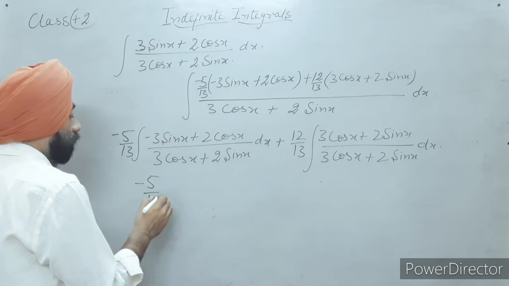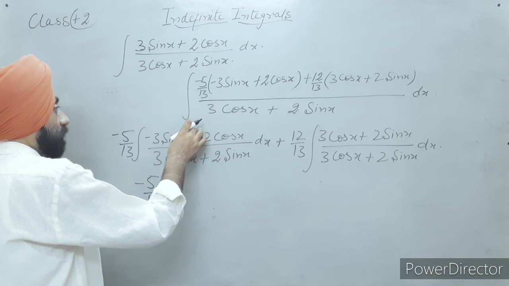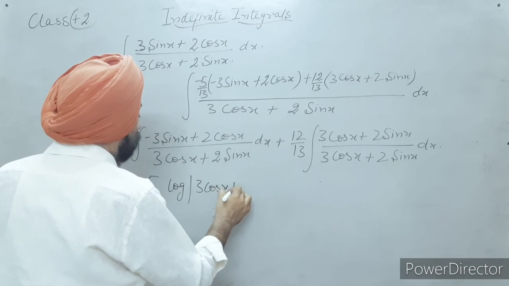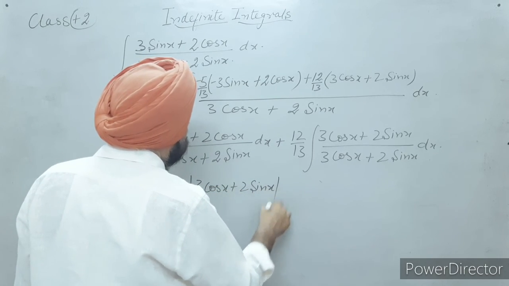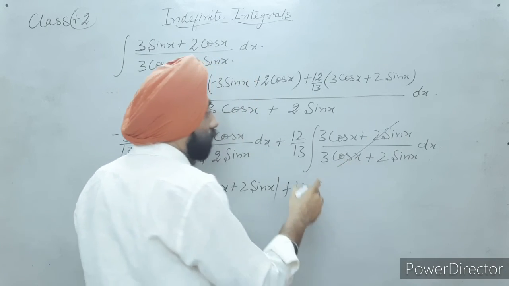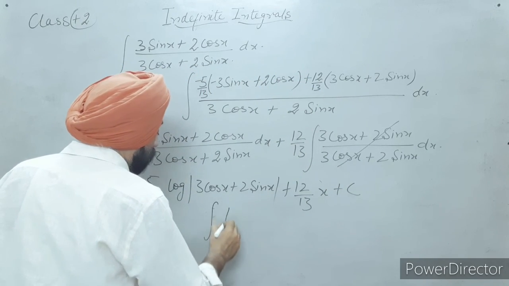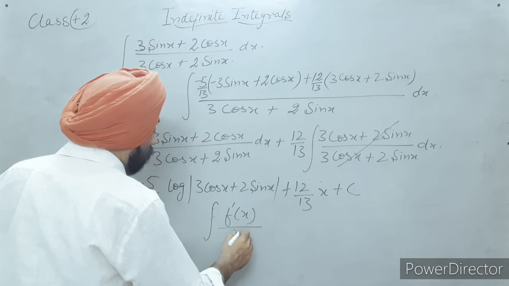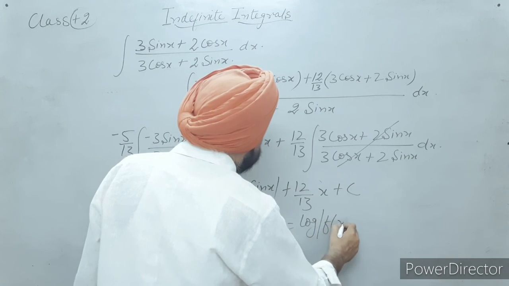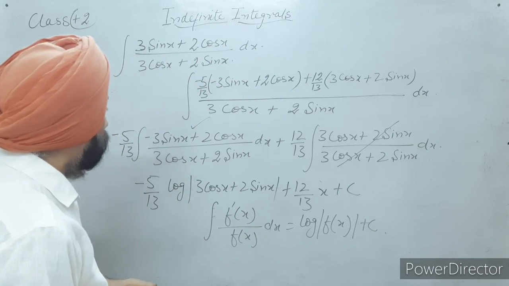The formula I am going to use is f dash x upon f x dx, which is log of f x plus c. So minus 5 by 13 log of the denominator, plus 12 by 13, this cancels out, and the integral of 1 is x plus c.